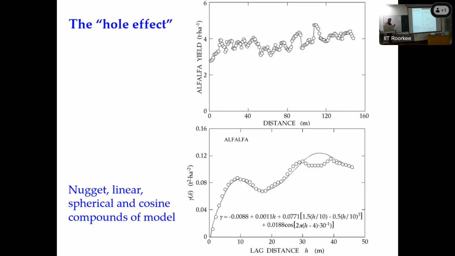This part of the semi-variogram manifests the simple fact when we walk down a line and we take samples. Taking more and more samples, the overall variance of the growing population will become bigger and bigger, right?